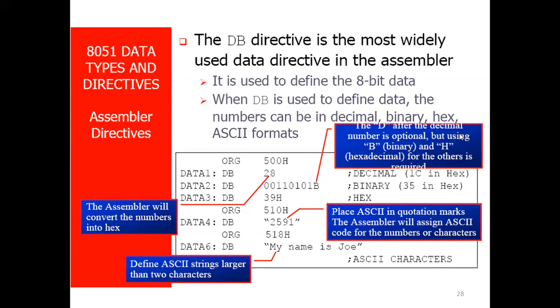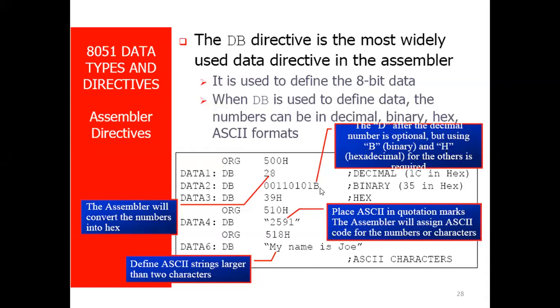D is for decimal. If your number is decimal, by default it will be decimal, or you can also write the D, 28D, after the decimal. That is optional, but for binary and hexa it is required. We should always mention the binary.